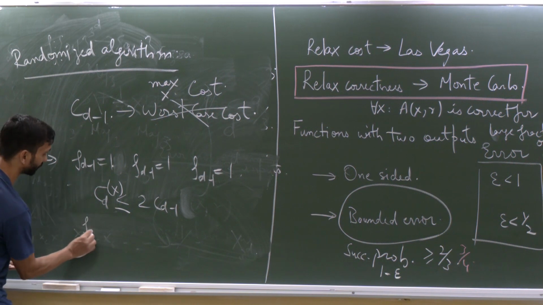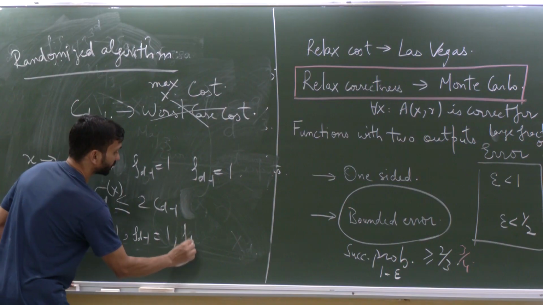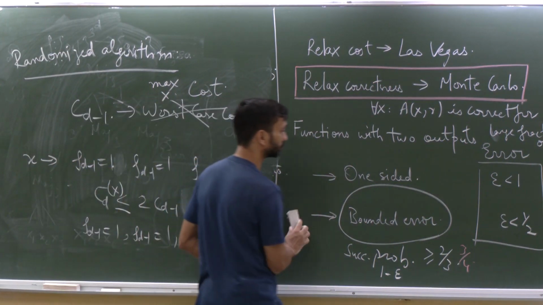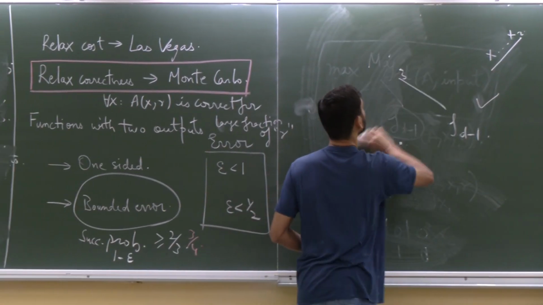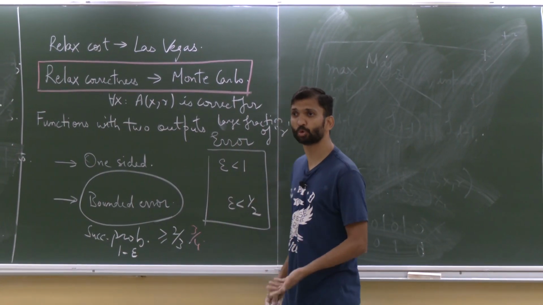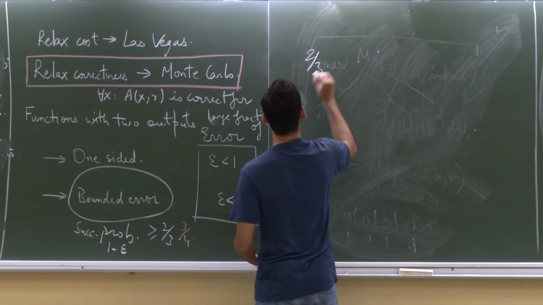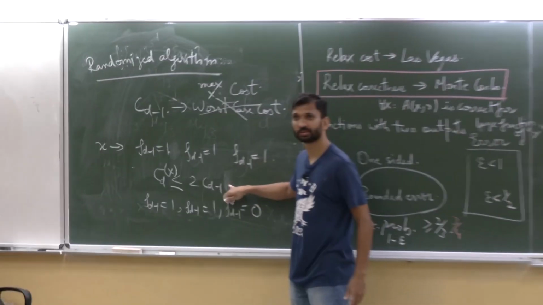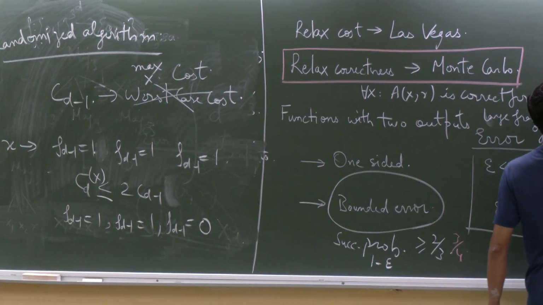If this was the bad case, what will happen? We have done this analysis. Now what will happen? With 2 by 3 probability, I will have to look at all 3 children, 3 times c d minus 1.